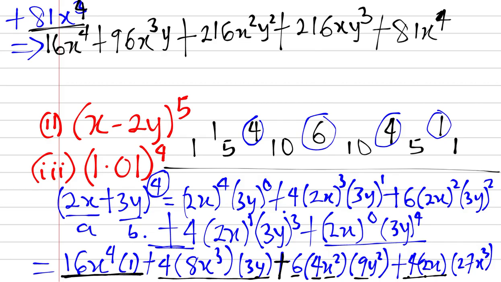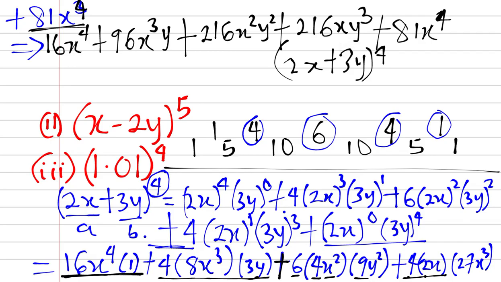Now there are some questions like the assignment I'm going to give you. The question can be like, in the expansion that we did now, our expansion is 2x plus 3y all raised to power 4.